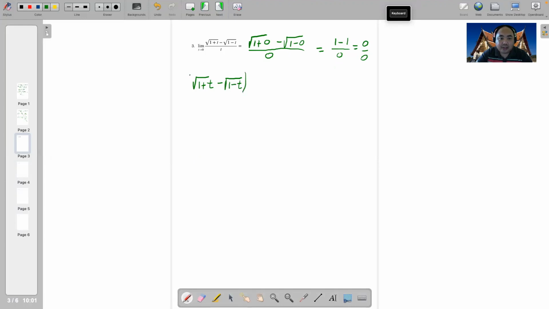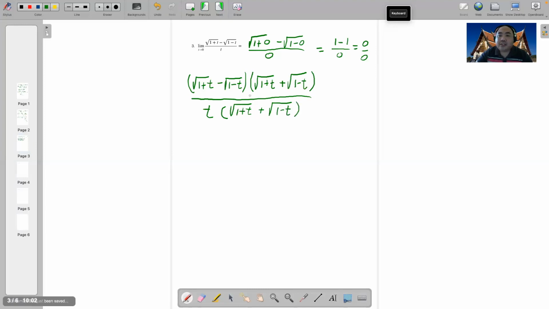Let's multiply this with its binomial conjugate, which is square root of 1 plus t plus square root of 1 minus t, divided by, and to preserve the fraction, we can just multiply the denominator with also the binomial conjugate, square root of 1 plus t plus square root of 1 minus t.